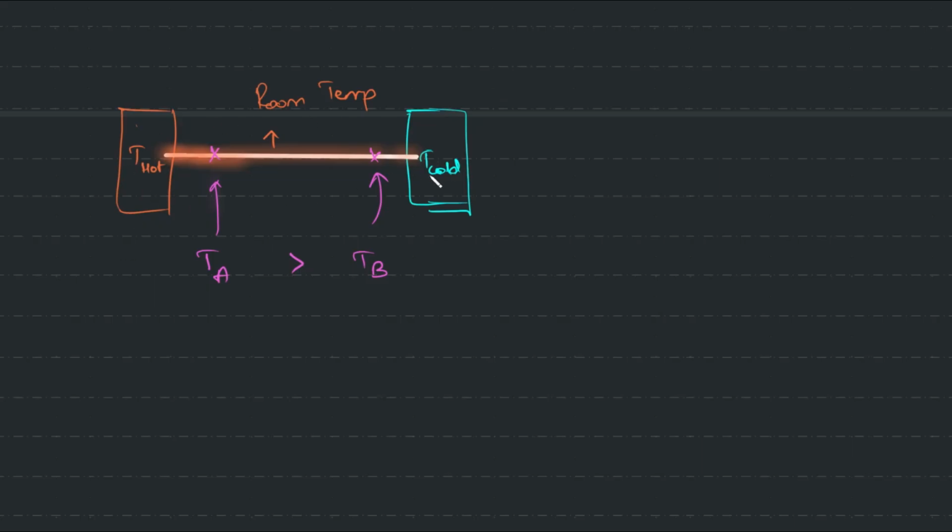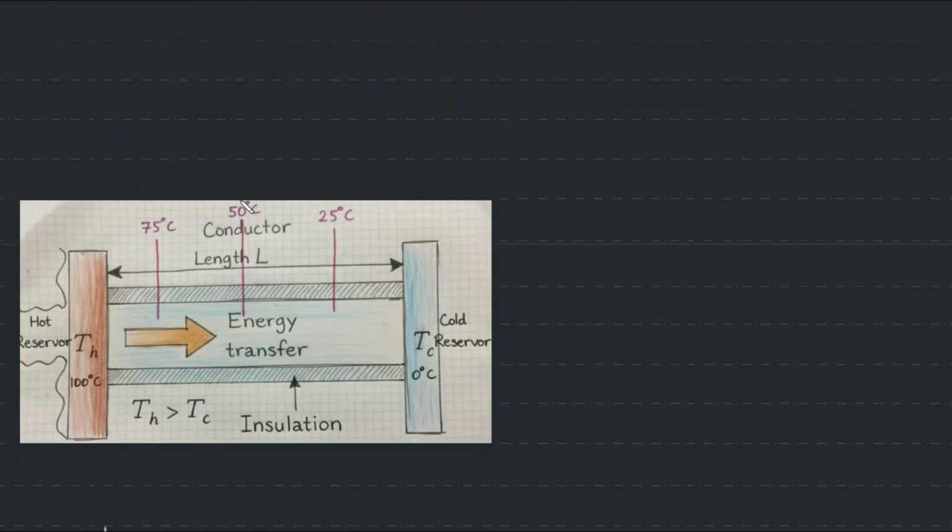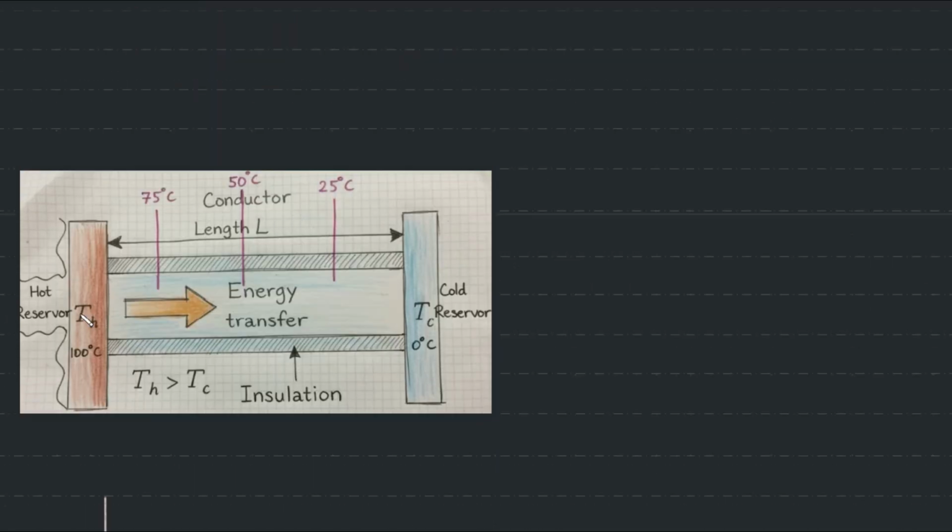Can you imagine a steady scenario like this? Same source, same sink: a heat reservoir and a cold reservoir. This is always at 100 degrees Celsius, and this is always at 0 degrees Celsius. Connecting them is a rod which is insulated, so through the rod there is no loss of energy through radiation.